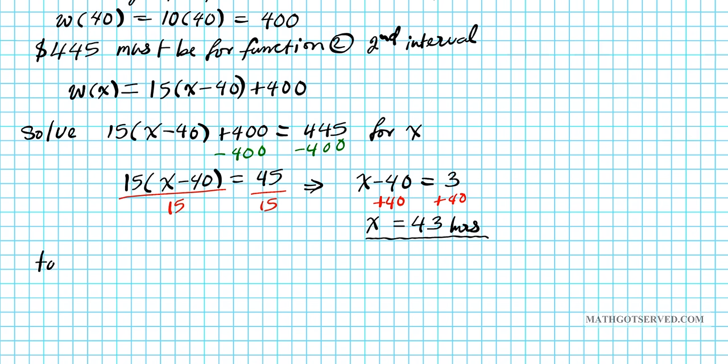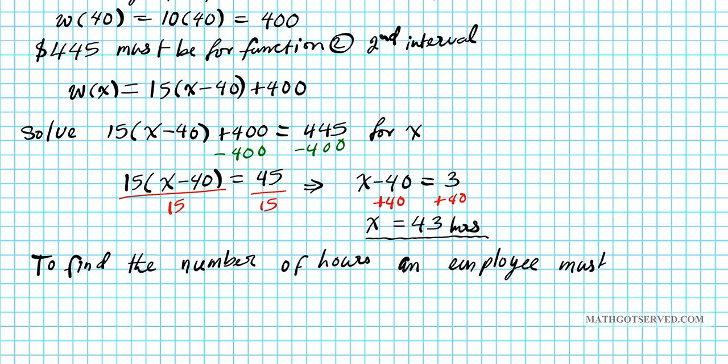So to find the number of hours an employee must work to earn $445, we set w of x to 445.